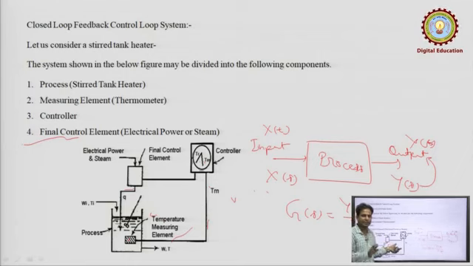It may be any heating device in case of temperature, and any pressure controlling device if I am taking pressure as the process variable. So the combination of all the transfer functions, or all the elements, we call the system.